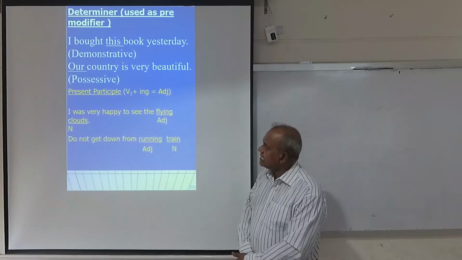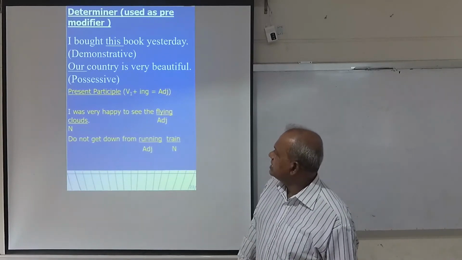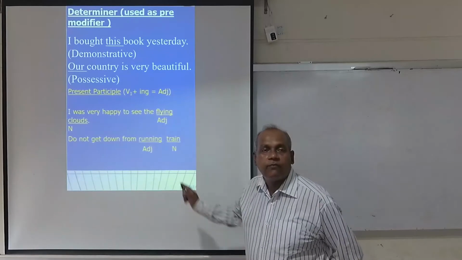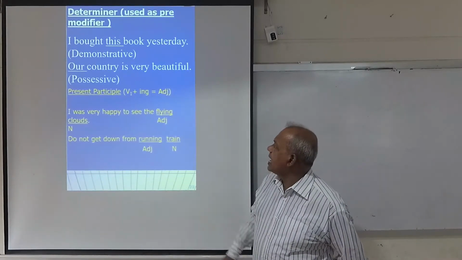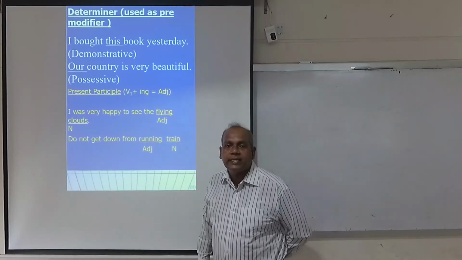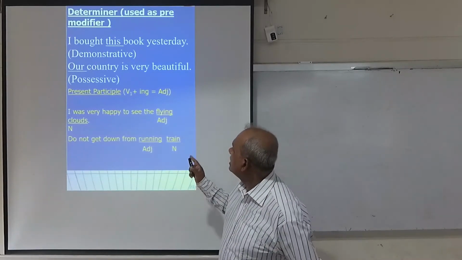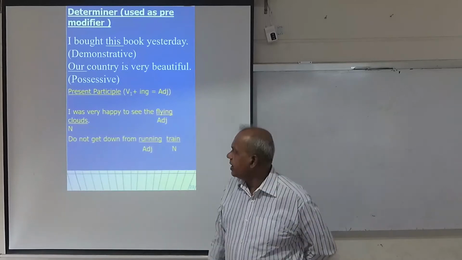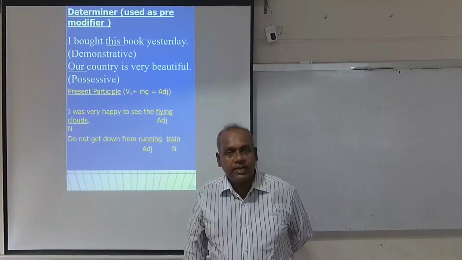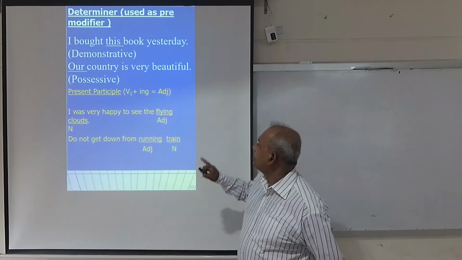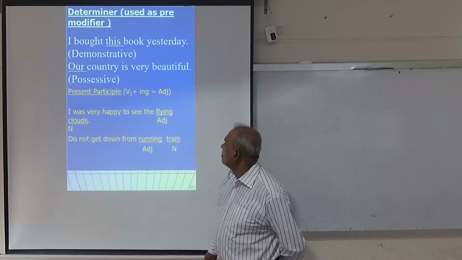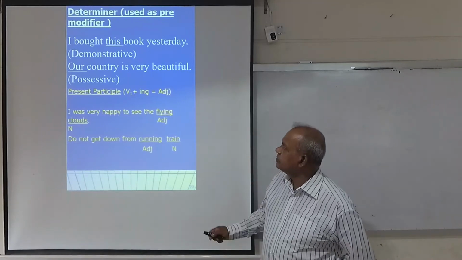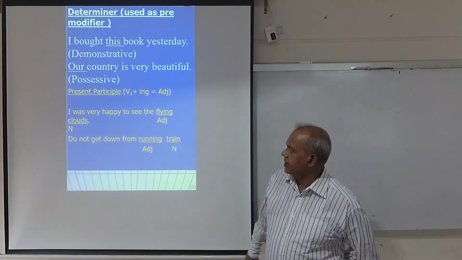In the example we can see, I was very happy to see the flying clouds. Flying is a present participle and it is used here as an adjective. It is used here as pre-modifier and clouds is a noun. So, the present participle modifies the word clouds. So, flying, that means present participle, is used here as a pre-modifier.